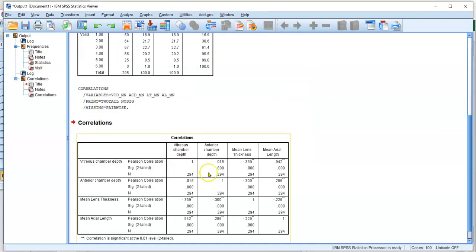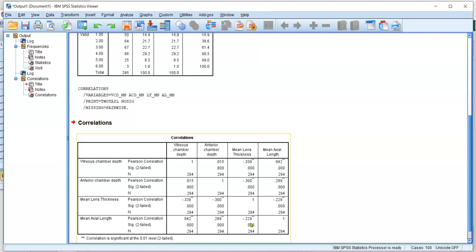Let's look at our correlation matrix. You see that if we look at mean axial length, the one most correlated is vitreous chamber depth. That's because that's probably the longest one. Anterior chamber depth is next. And oddly enough, mean lens thickness is negatively related. That kind of makes sense.